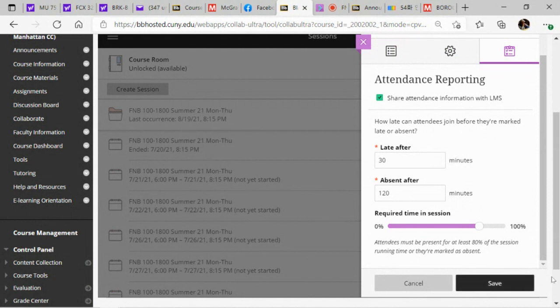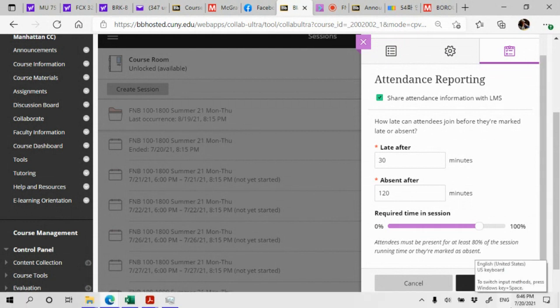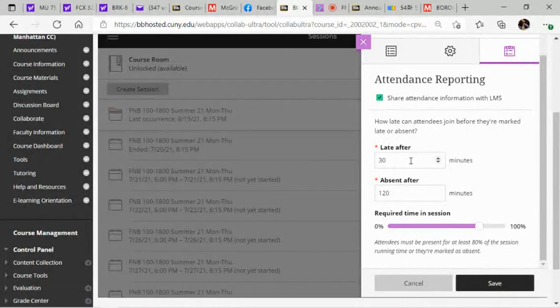I don't know if it was there in the past semesters, but it allows me to set some parameters. So it will automatically record if you join the session 30 minutes after the start, you will be marked as late. And if you join the session 120 minutes after the beginning of the session, then you'll be marked absent.